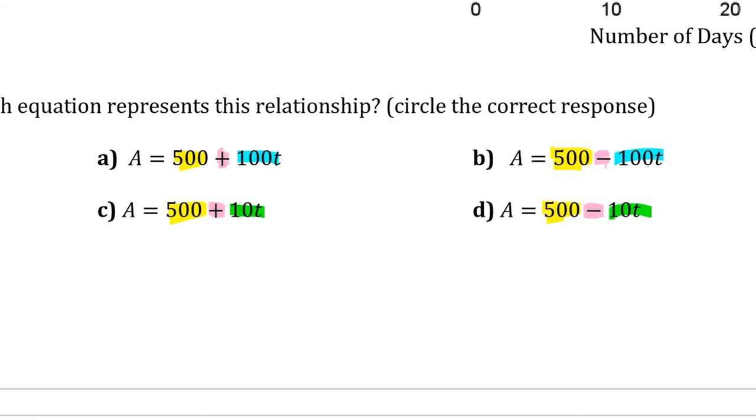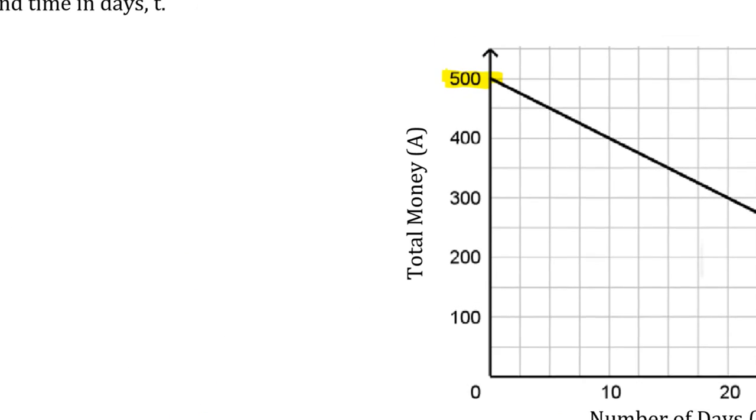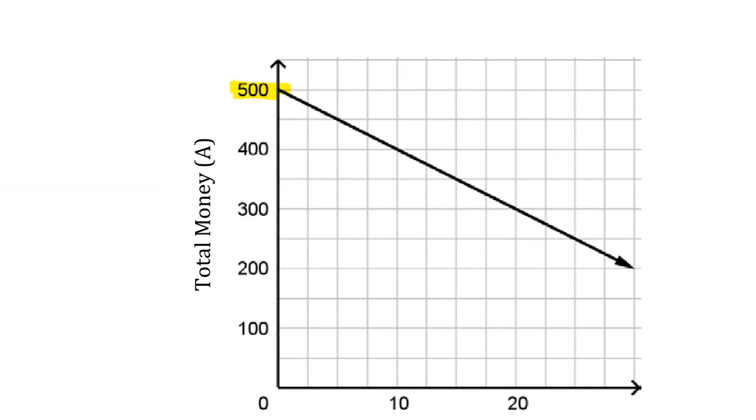So it ends up boiling down to, I have to figure out if it's 100 or 10, and I have to figure out if I'm adding or subtracting. Well, how am I going to do that? Well, we've talked about this. Do you have a hunch on whether we are adding or subtracting? Because this line is going down, which means we're starting at $500 and going down over time.